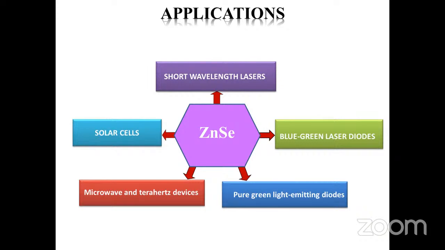Due to its potential applications in several optical and electronic devices and as a buffer window material for thin film heterojunction solar cells, it is seen as an important technological material.